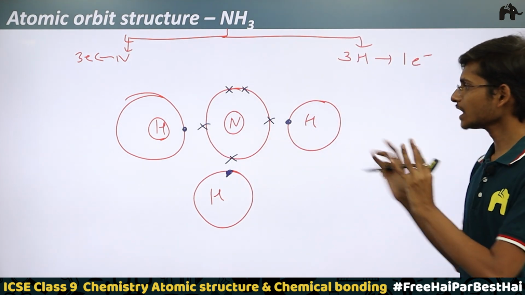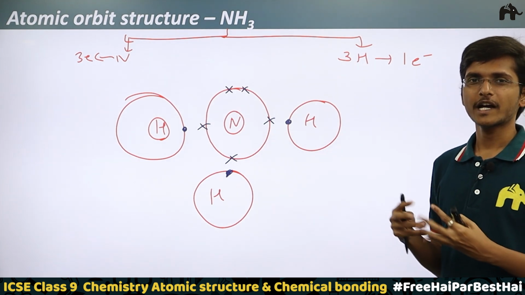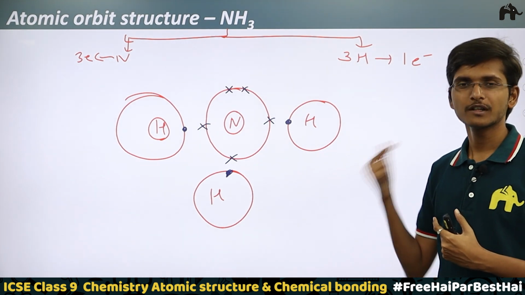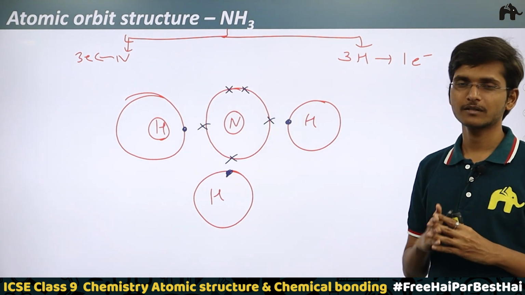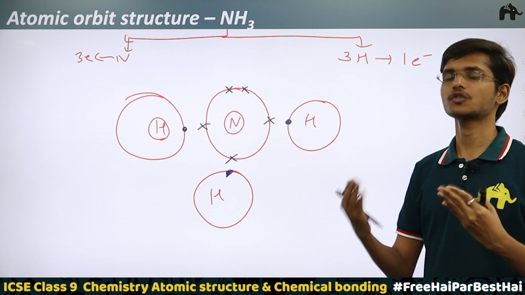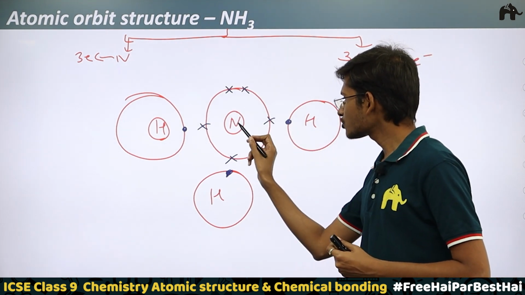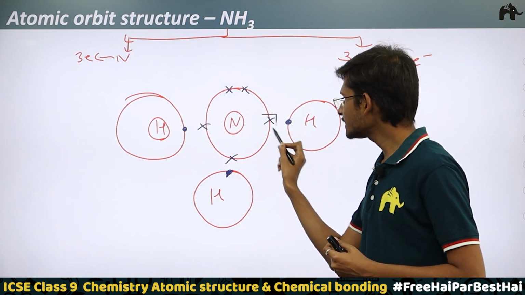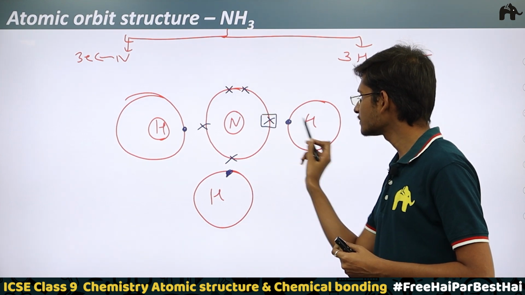Now you can see on your own, I have made some arrangement. I have got a solution by which all these 4 atoms would become stable, that means they would attain their nearest noble gas configuration. How? Let's see. This nitrogen atom is sharing this electron with this hydrogen atom, right?